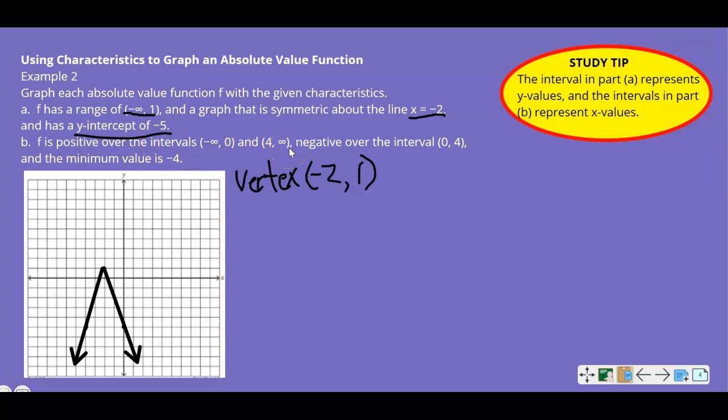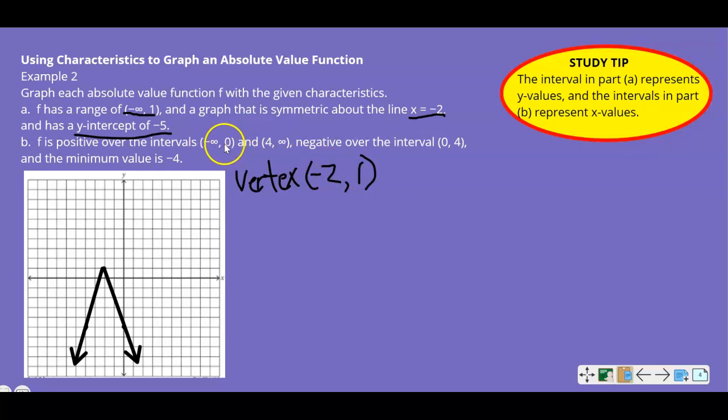It doesn't say the range, so we determined that the intervals usually refer to the domain if it doesn't specifically say the range. And because the intervals are -infinity to 0 and 4 to infinity, we can conclude that our x-intercepts come from these points here.